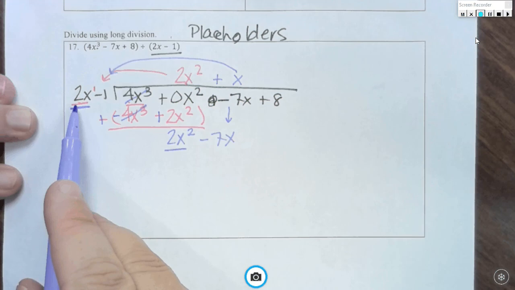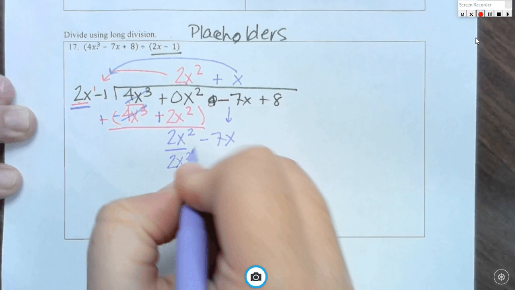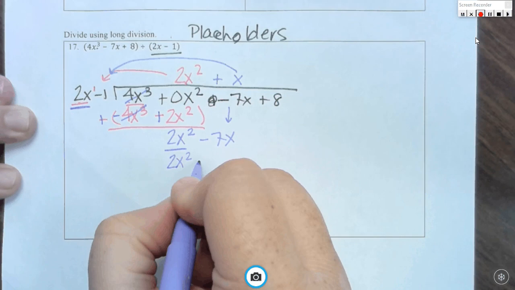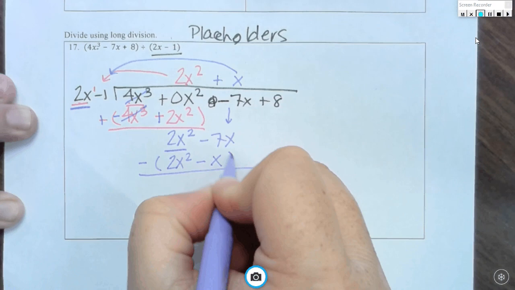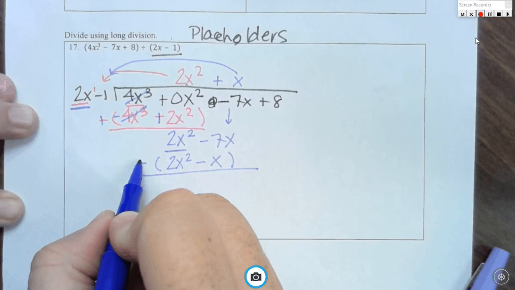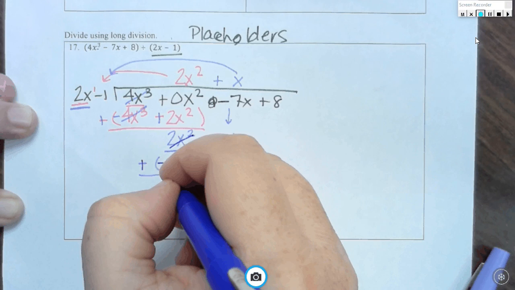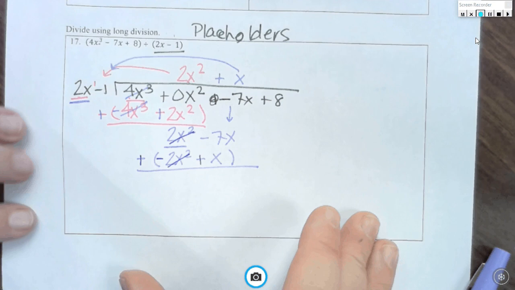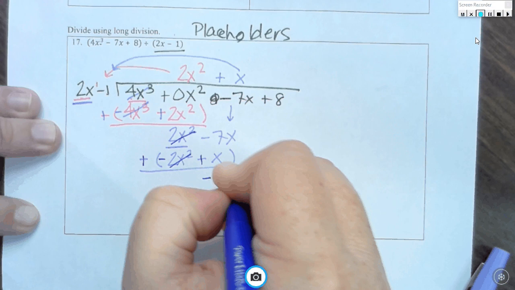X times 2x is 2x squared, and x times negative 1 is negative x. Again, I'm going to do a same, change, change. First terms here are gone. Negative 7x plus x would give me negative 6x. And bring down the next term.